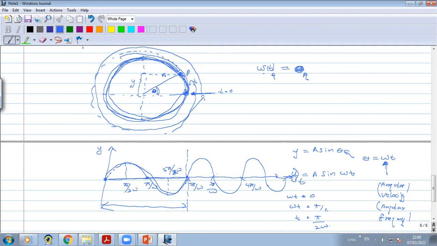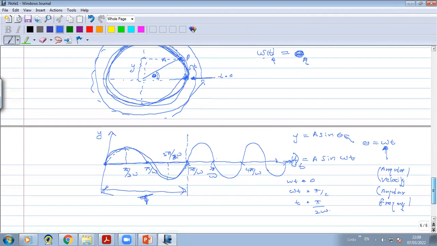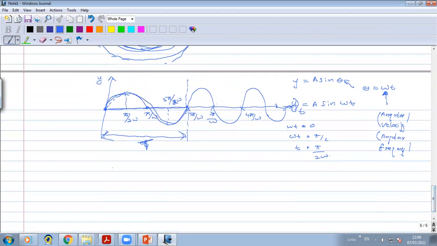So the time taken, let's say it is capital T. That time is the time taken to complete one circle. So at 1 second, it will complete 1/T circle.